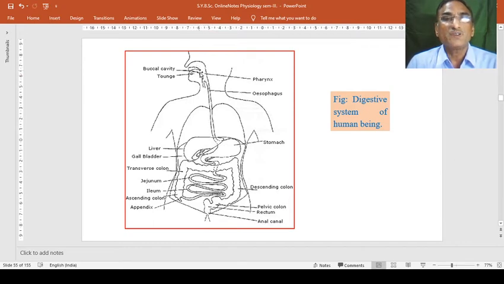In between the mouth and esophagus, there is a spacious chamber called the pharynx. Then the esophagus is a simple tube running from the pharynx to the stomach. Here a valve or sphincter is there. Here also a valve or sphincter is there. Two valves or sphincters are there to keep the food material in the stomach for the gastric digestive action.